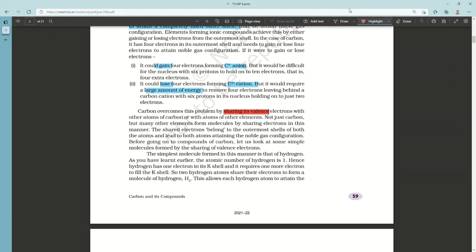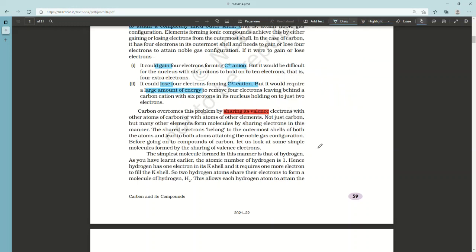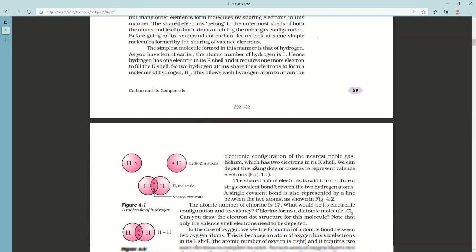Not just carbon, but many other elements form molecules by sharing electrons in this manner. The shared electrons belong to the outermost shells of both the atoms and lead to both atoms attaining the noble gas configuration.